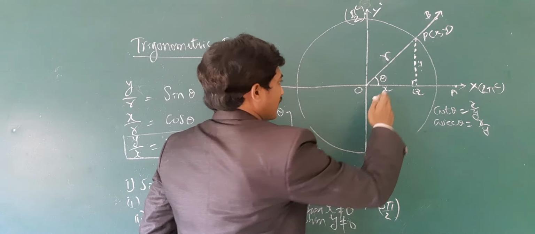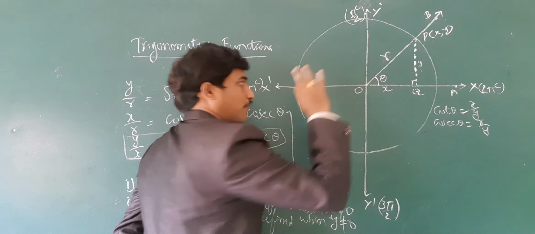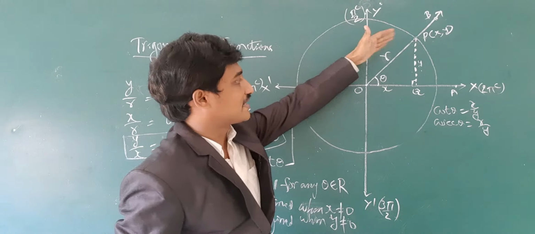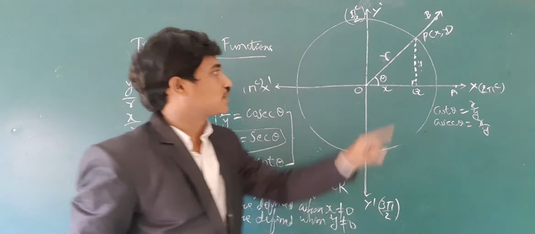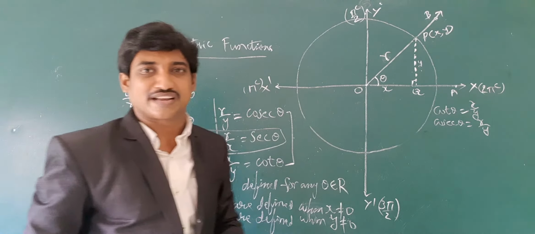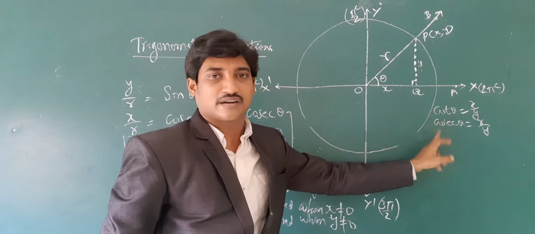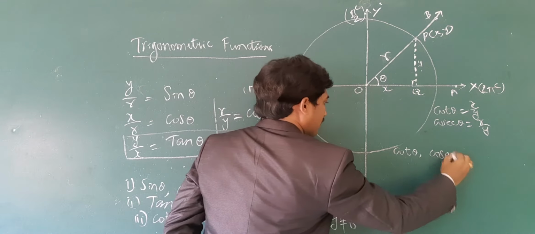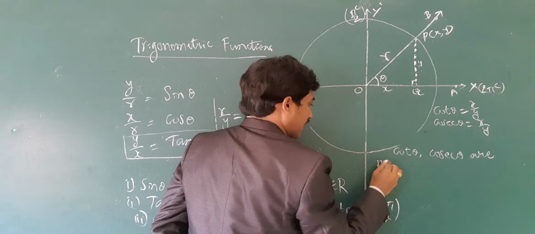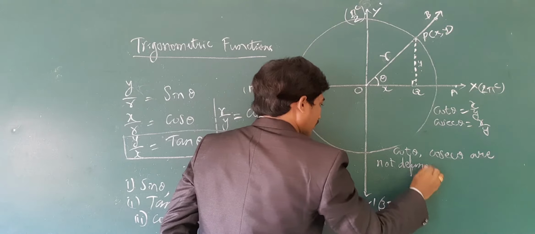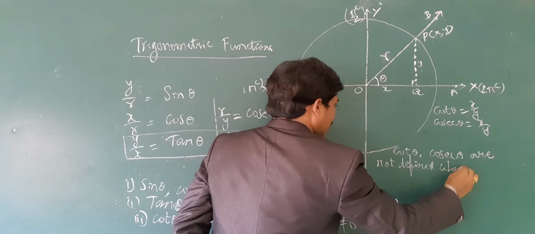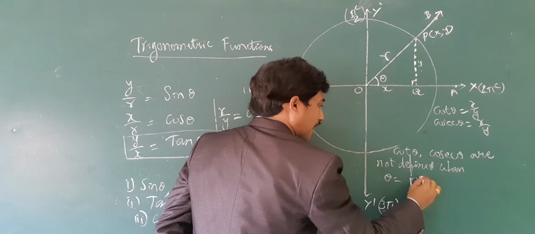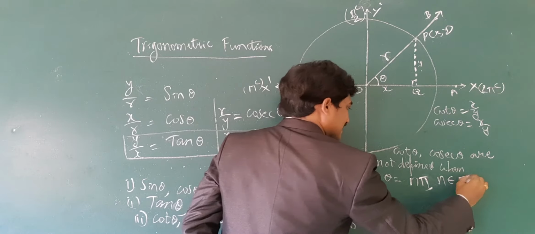If theta is equal to n pi, where n belongs to Z, the terminal side coincides with the x-axis, so the y value becomes 0. In that case cot theta and cosecant theta are not defined when theta is equal to n pi, where n belongs to Z.